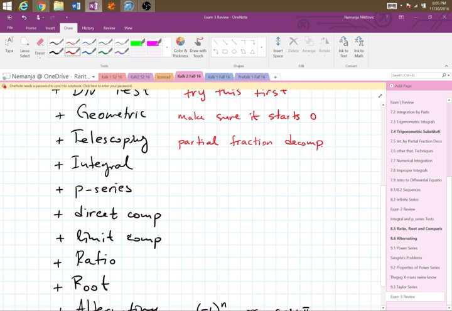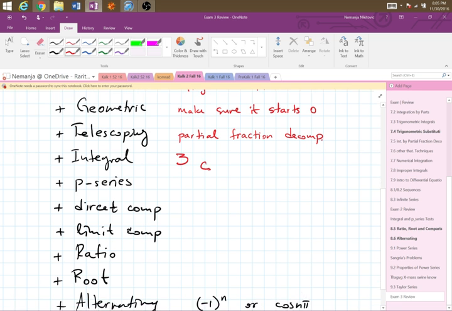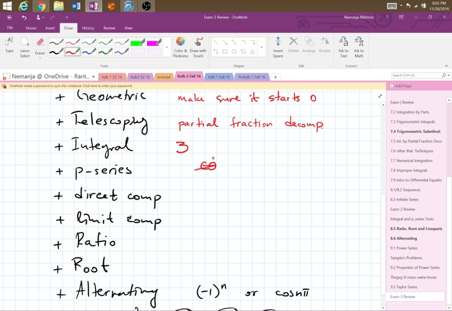Integral test. So 3 conditions here. So proofs. P series. The note is way too easy.